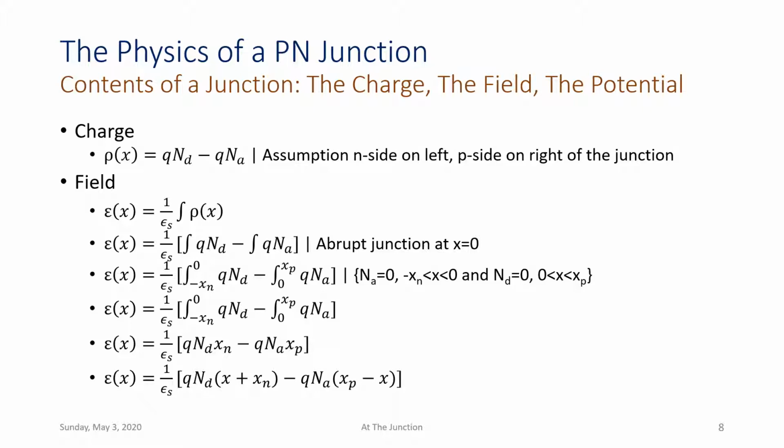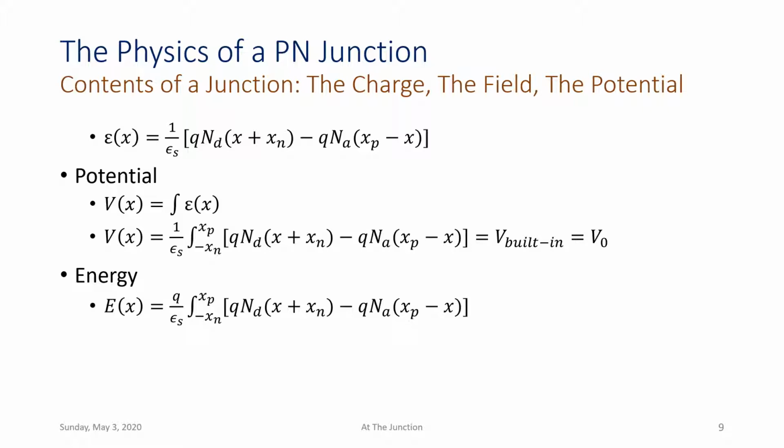And if we want to express this in terms of x, which is at any point of the junction, we get the last expression on this slide. So the electric field at any point in the depletion region, which is x, equals 1 divided by the permittivity of the semiconductor times this last expression on this slide.